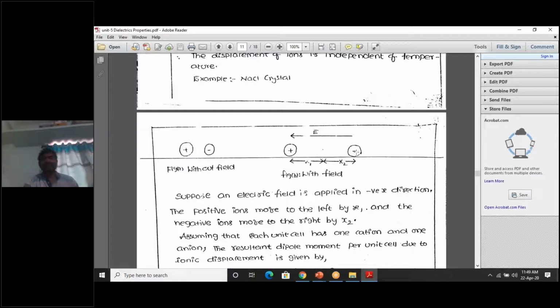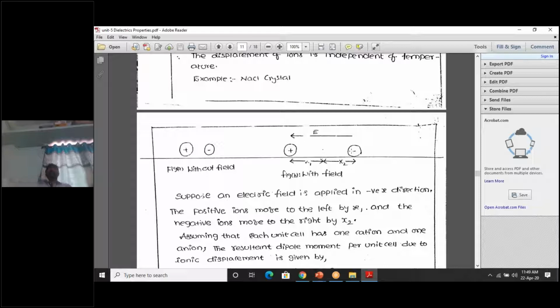So what is the distance of separation between the positive ion and negative ion? X1 plus X2. X1 is the displacement of the positive ion from the center, and the negative ion got displaced from the center by a distance X2. So the total distance between the positive ion and negative ion is X1 plus X2, and it forms an ionic dipole.